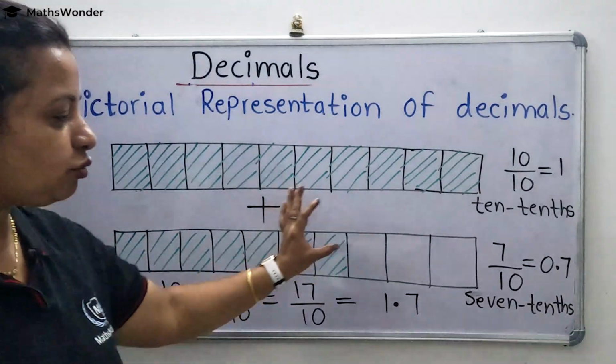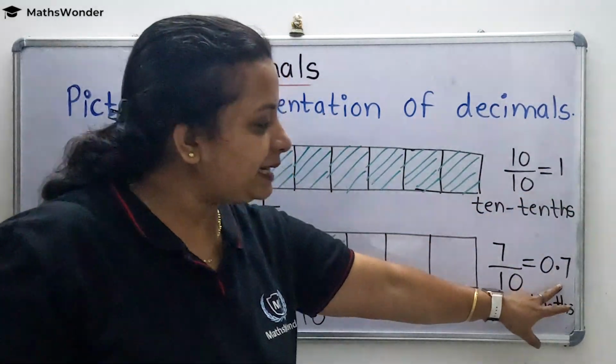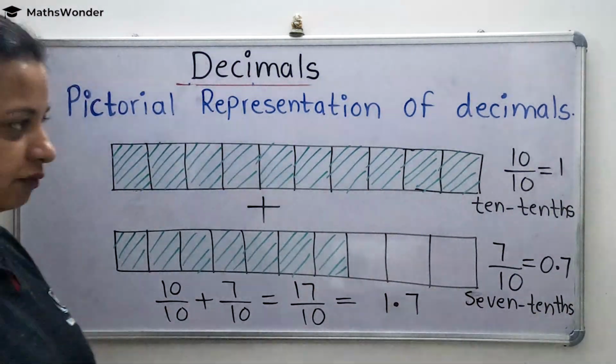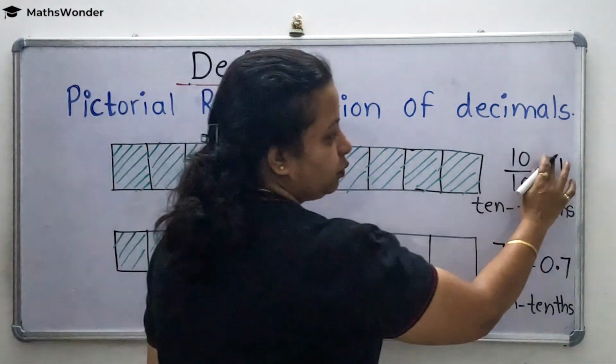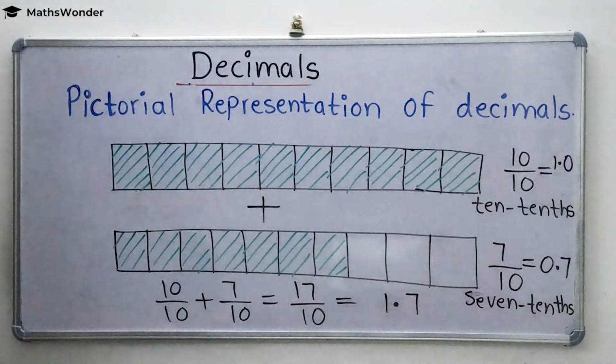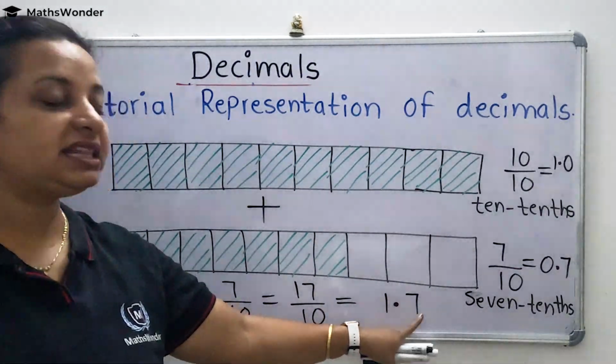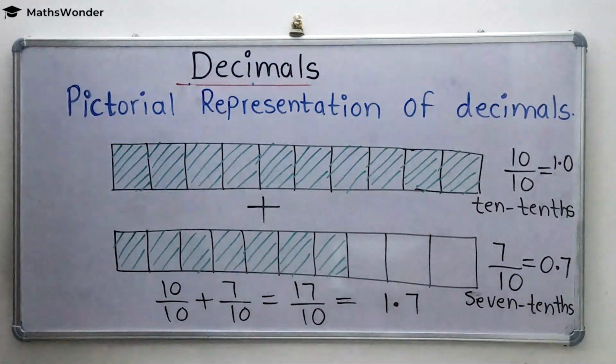The same thing when you convert it into decimal is 1.7. 1 you can write as 1.0. 1.0 means 1 only. When you add 1.0 and 0.7, you will get 1.7 directly. And you can say that it is 1 and 7/10. I will explain in the place value of decimals.